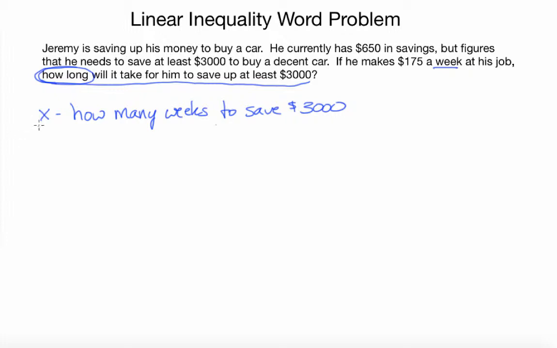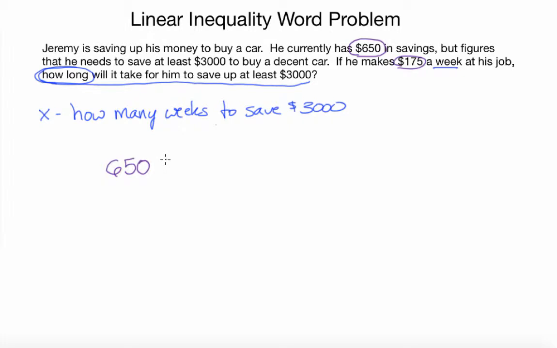So now let's try and put together an equation that uses this variable and all the other stuff. So I know currently Jeremy has $650. So right now he's got $650 in the bank. Now every week he's making $175 more.